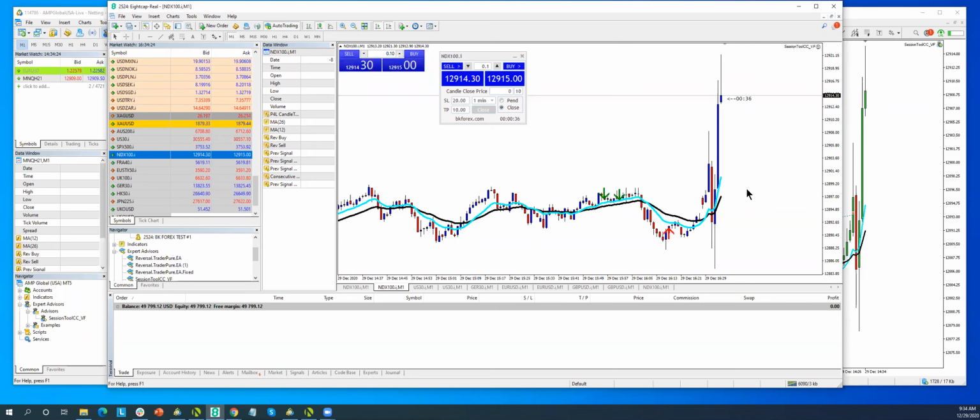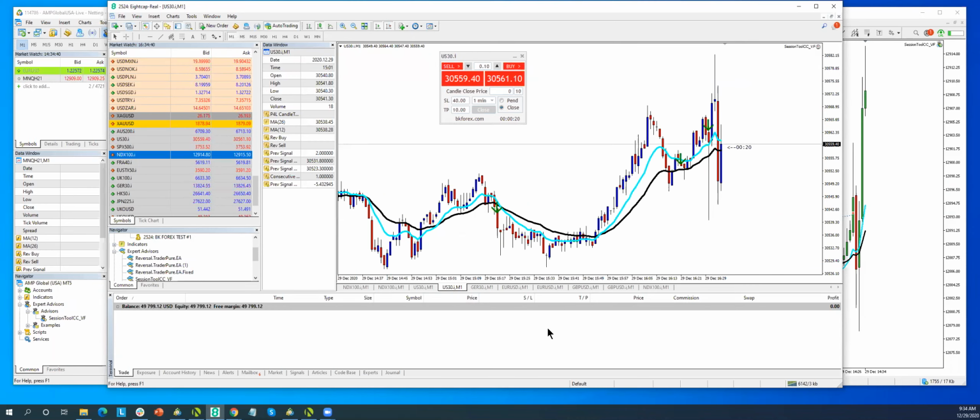A typical NAS move here. How's the Dow doing? Nothing on the Dow, nothing on the NAS.